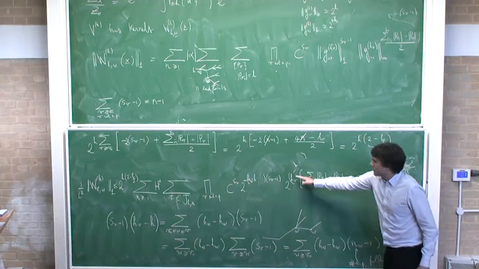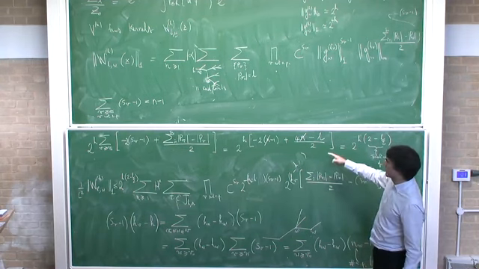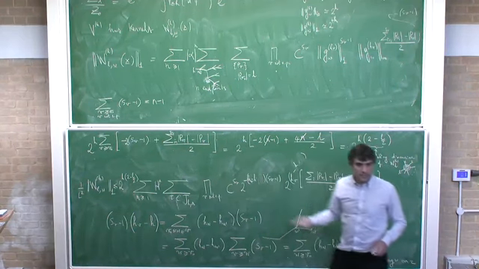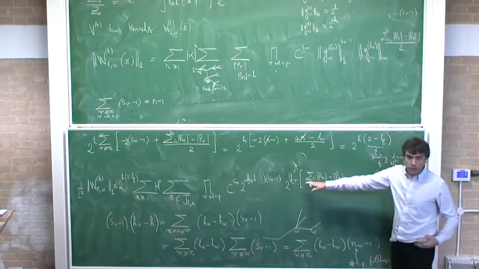Okay, and you do the same here, and you get exactly the same formula, the same telescopic sum, but only for the subtree originating from v.